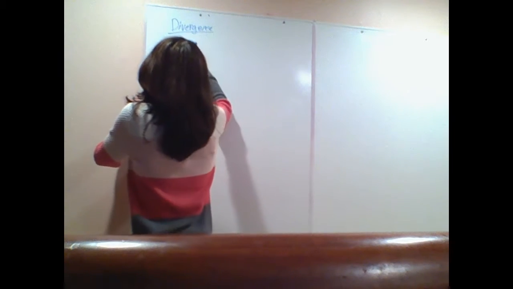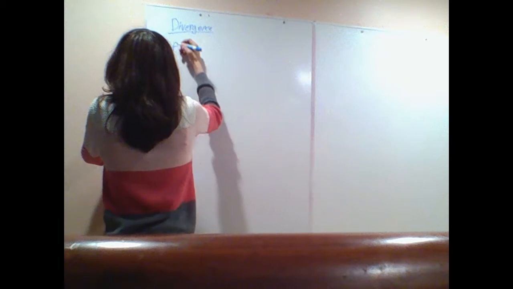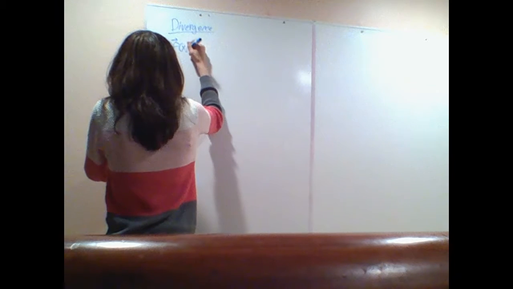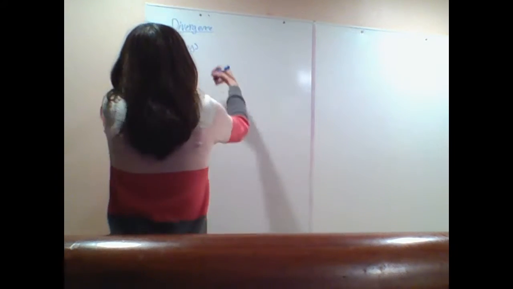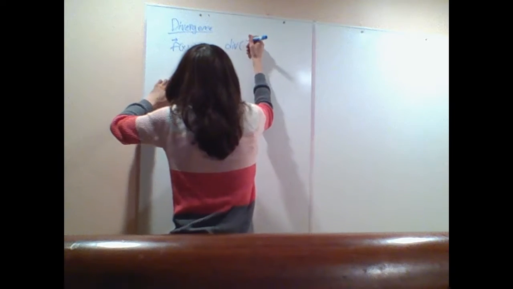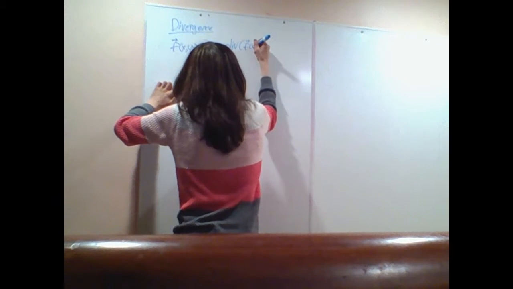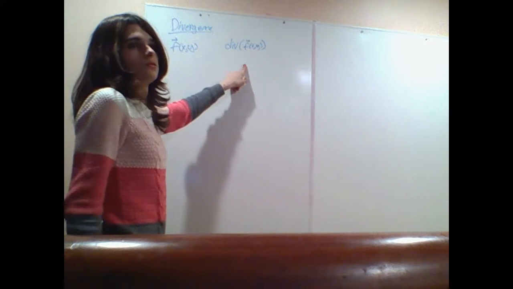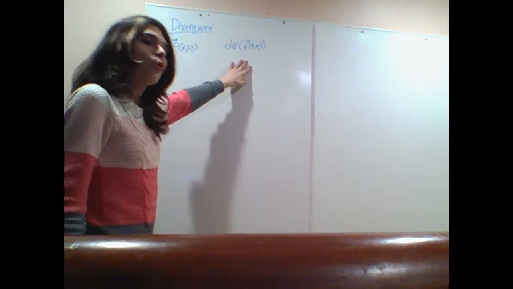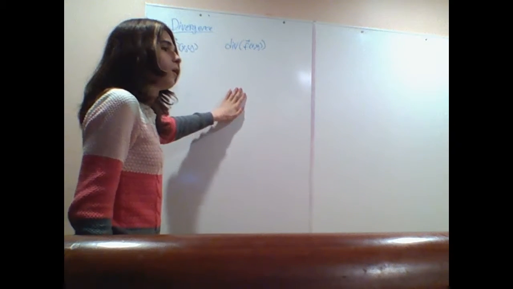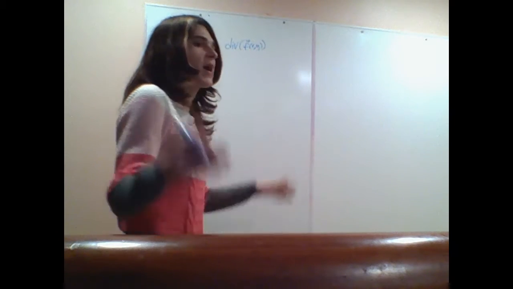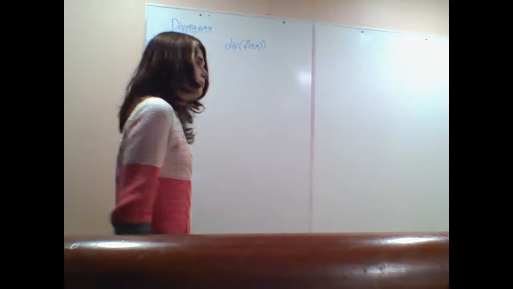So if we were to have a vector field F, which is a function of x and y, the divergence, which can be written like this, is equal to the total change of f in both x and y directions. So you add them together.